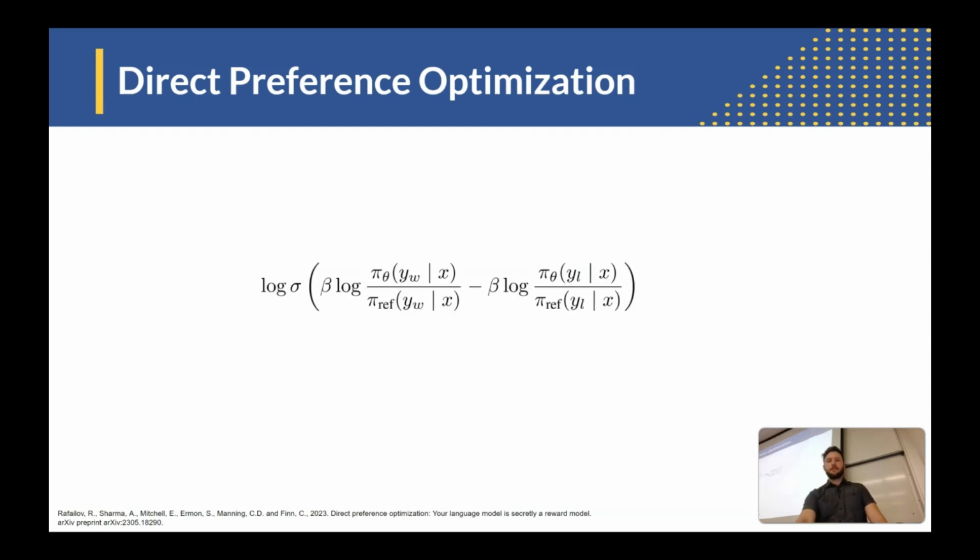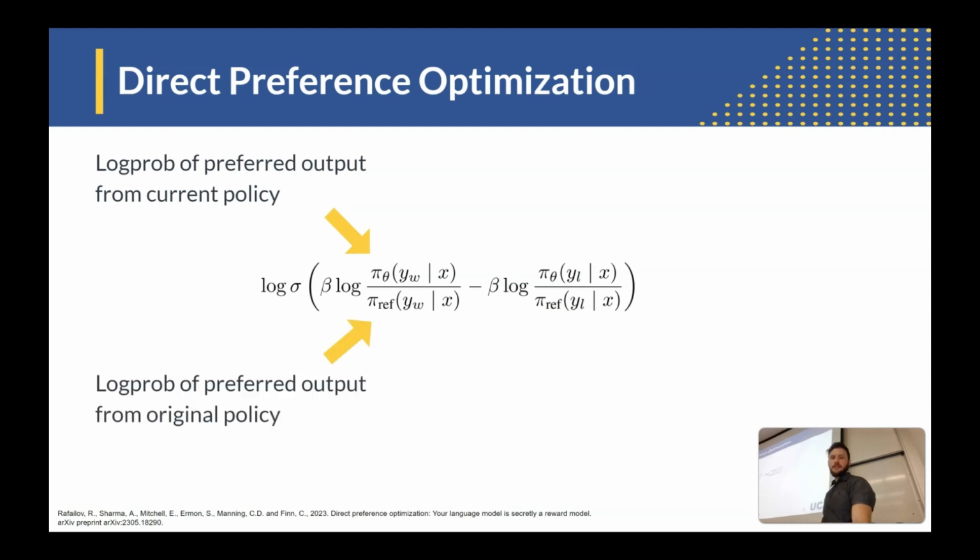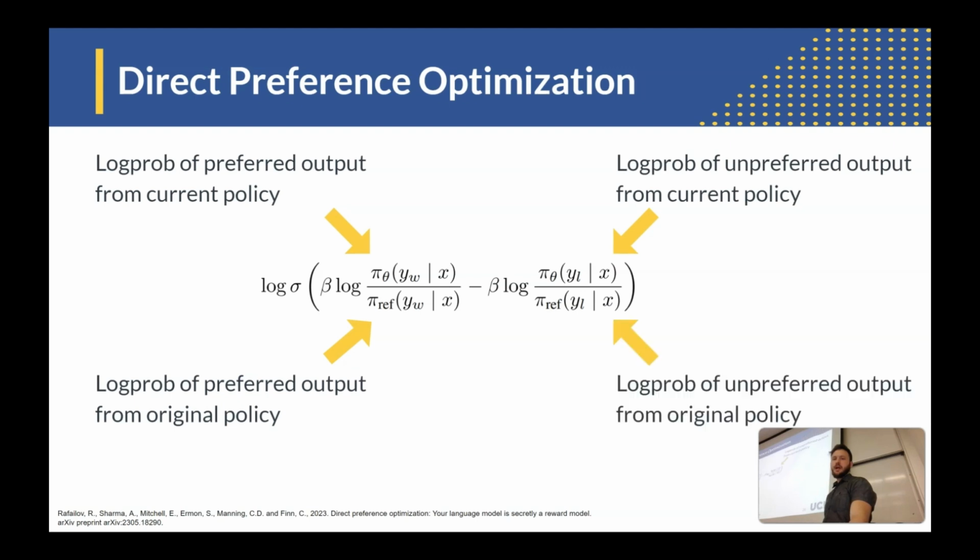Picking this apart a little bit, on the top here we have the log prob of the preferred output from the current policy, pi theta is the current policy, over the log prob of the preferred output from the original policy, y ref is our original policy at the beginning of training. And then the same thing for our unpreferred output from our current and original policy. And this is the loss function we try to optimize.